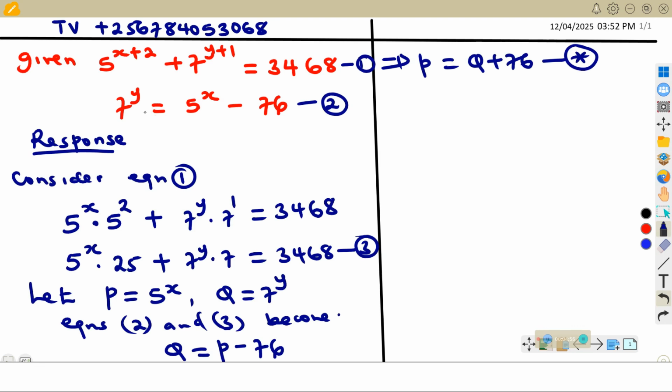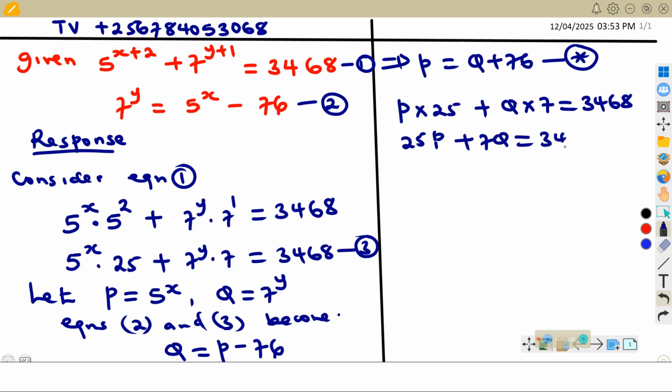Also, equation 3 will become: 5 to the power x is p, so that is p times 25, plus 7 to the power y, which is q, times 7, which is equal to 3,468. So for that case, 25p plus 7q will be equal to 3,468.